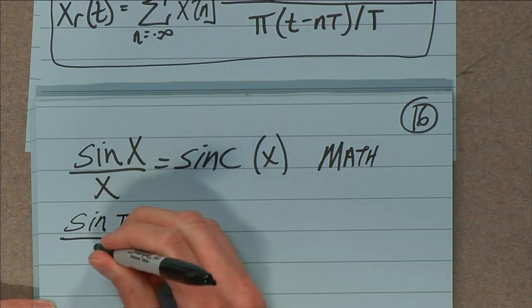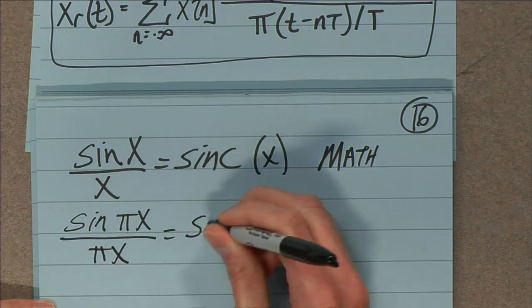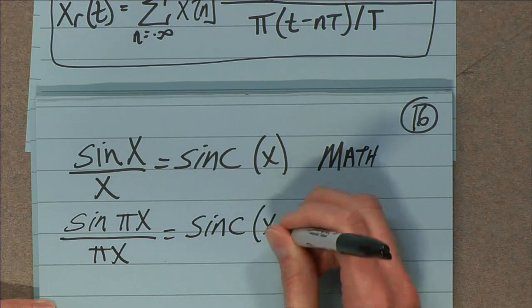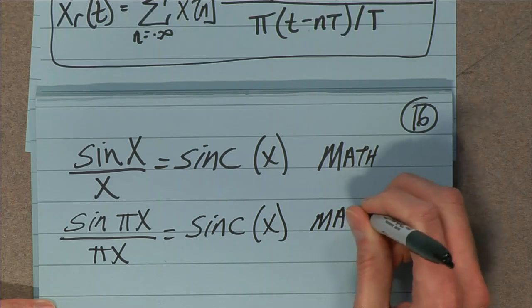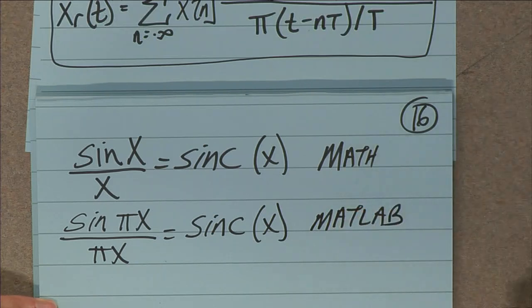Sine of pi x over pi x equals sinc x in the MATLAB world. So if you want hilarity to ensue, ask a mathematician to write a sinc function in MATLAB if they haven't used it, and funny things may happen. But anyway, just a point to note there, because I've made that mistake before.